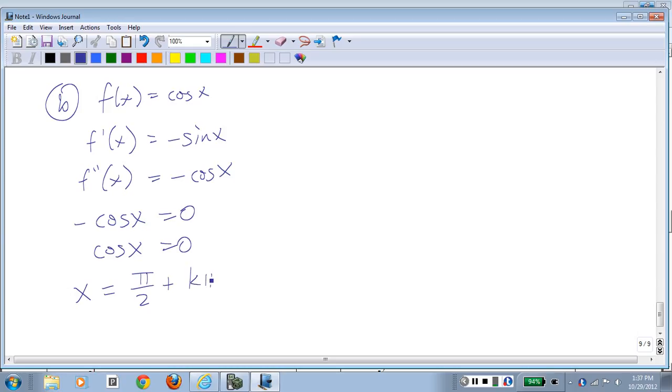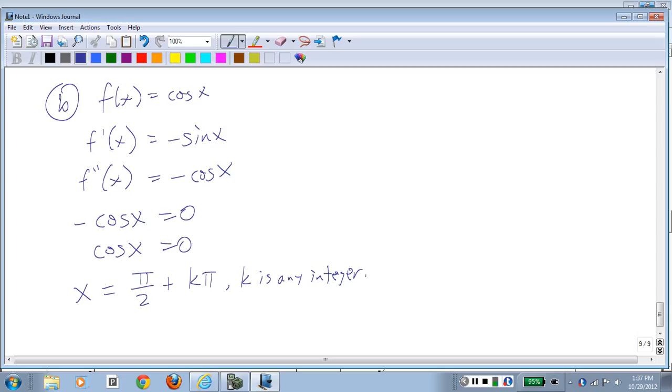I think, is it 2k? We could do 2k pi, but then we would separately have to say 3 pi over 2 plus 2k pi. So if we just say pi over 2 plus k pi, where k is an integer, then that would do it.